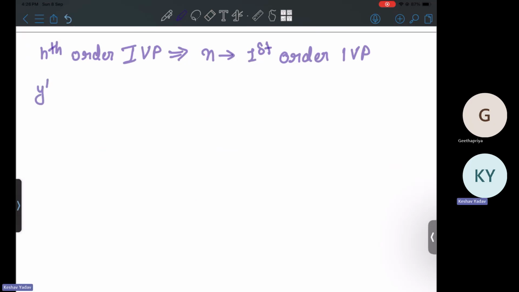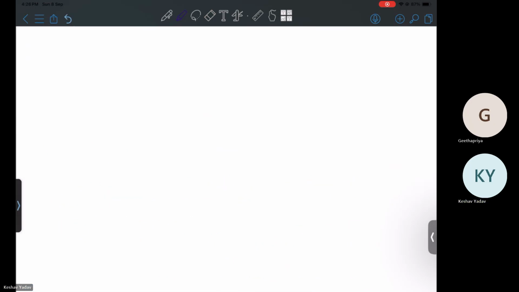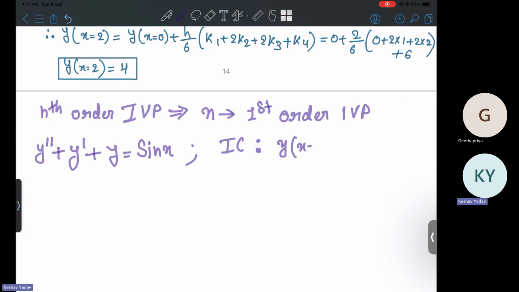Here we have the equation y double prime plus y prime plus y equal to sin x. And the initial conditions: y at x equal to 0 is 0 and y prime at x equal to 0 is 1. This is what we have.